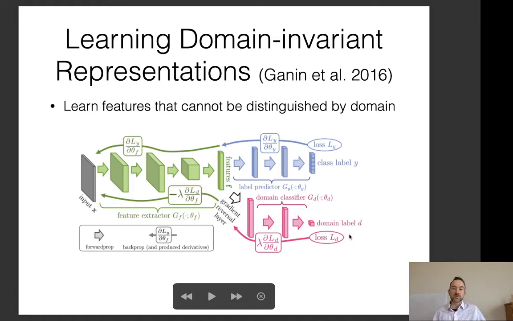And so what this is doing is it's essentially matching the distribution of the features across the different domains while still allowing them to be able to solve the task, which makes it seem like these will be more transferable across domains and allow for high accuracy in one domain when they're trained on another domain.